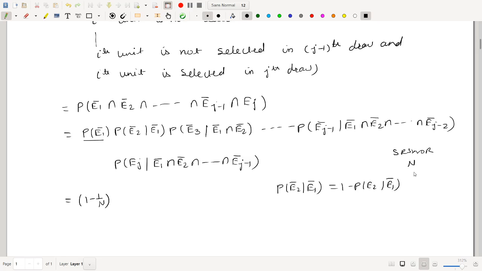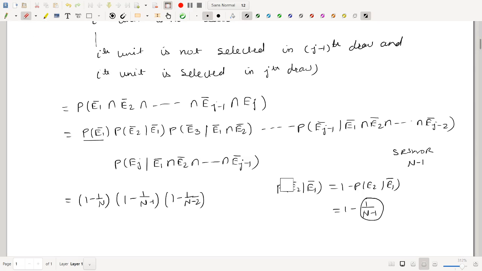Now first draw is over, means population size is now n minus 1. So ith unit is selected in second draw, probability will be 1 upon n minus 1, and this probability will be 1 minus 1 upon n minus 1. Similarly, this probability will be 1 upon n, 1 minus 1 upon n minus 2.